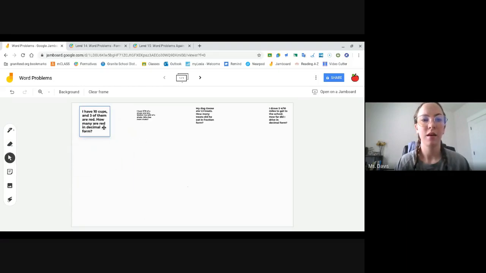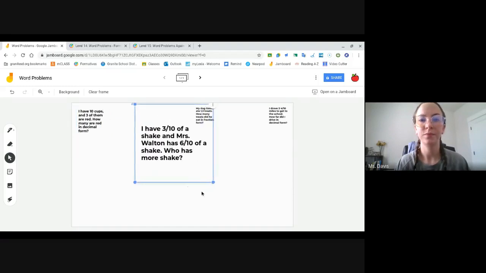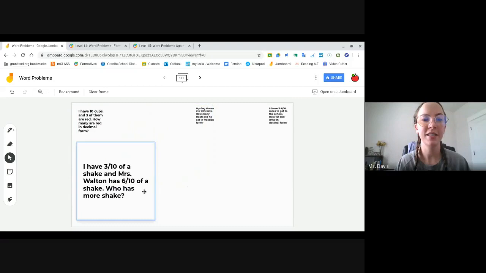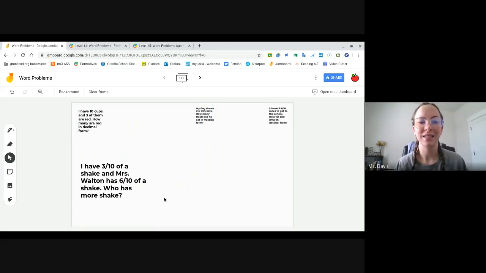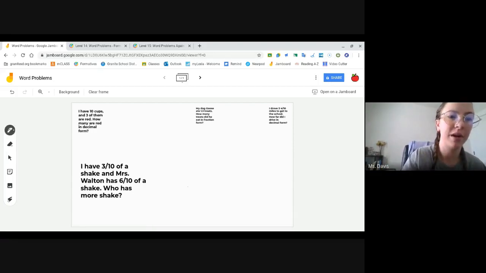Okay, they get a little harder as we go for the most part. This one says, I have 3 tenths of a shake. Mrs. Walton has 6 tenths of a shake. Who has more shake? So this is comparing fractions. I could put them into decimal form, but I don't need to.